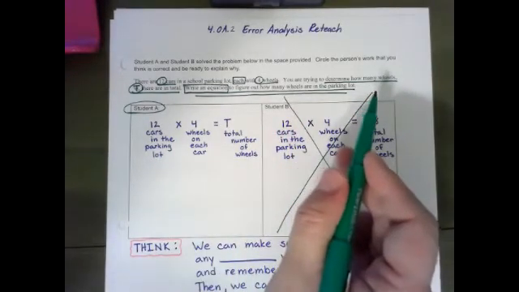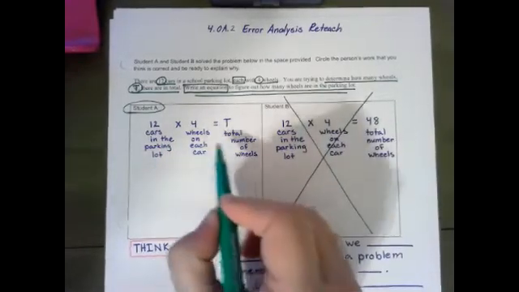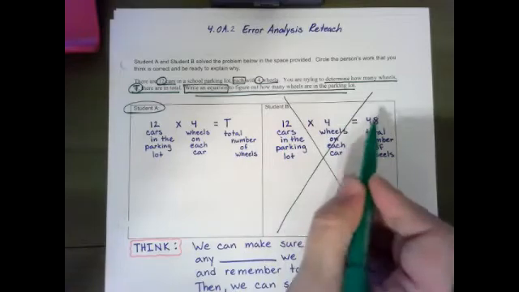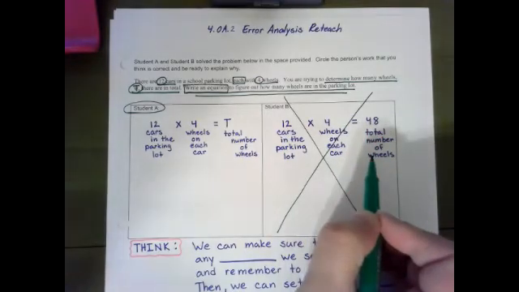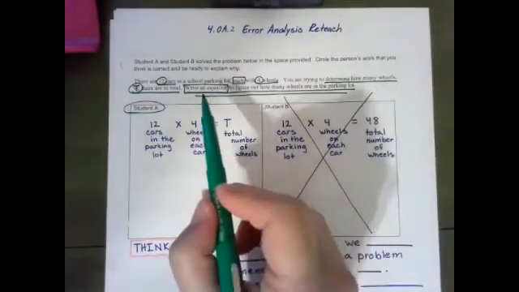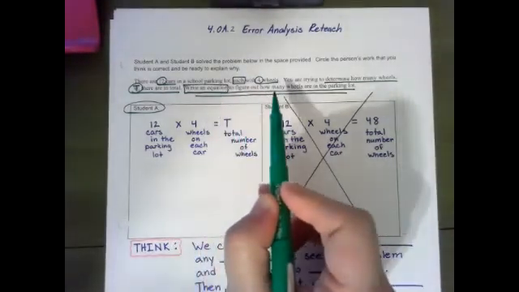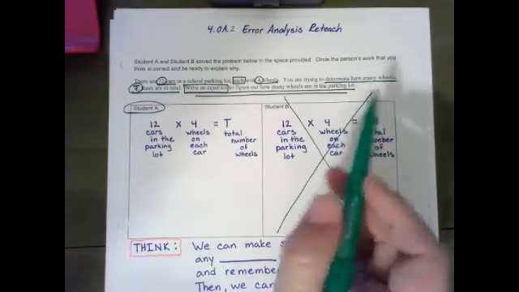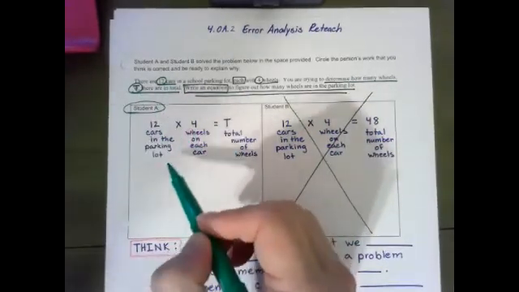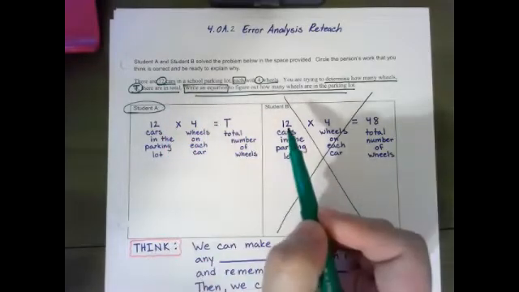If that had been the case, we would have combined this equation with student A with student B's solution of 48 total wheels. So in this case, because the task was write an equation to figure out how many wheels are in the parking lot using the variable T, student A is more correct than student B.